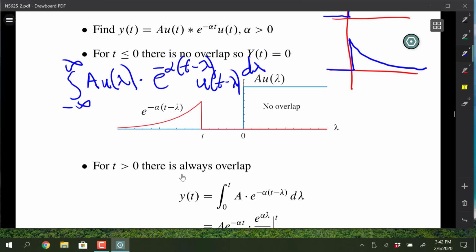So I chose to do the convolution that way. One argument in the integrand is like x1 of lambda, and the other one's x2 of t minus lambda, so you have to flip it over. So that's the first thing to get your confidence back if you haven't done it for a while or it drifted out of your brain quickly. This is something that has to get set in your brain fairly well to really have endurance to last.